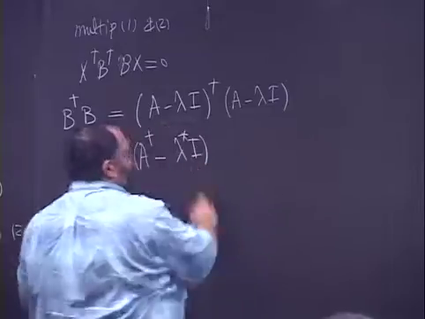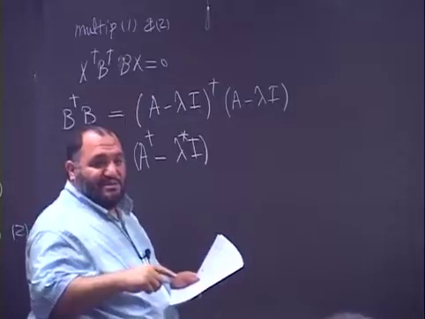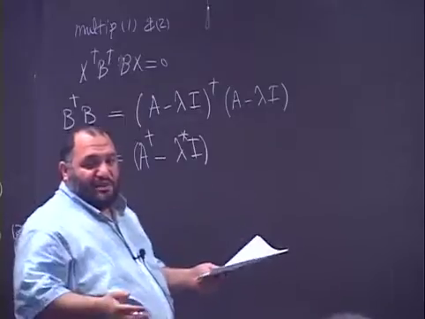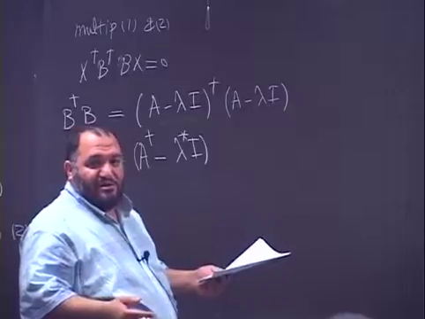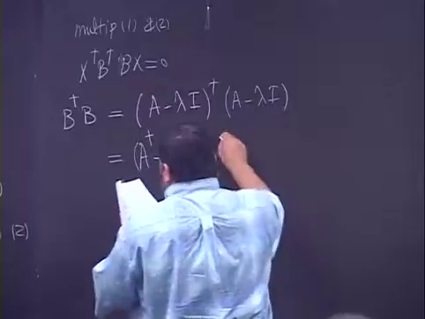And the adjoint of the unitary matrix I is the same, and the complex conjugate of 1 is still 1, so it will be still the same I. You do not have any change.